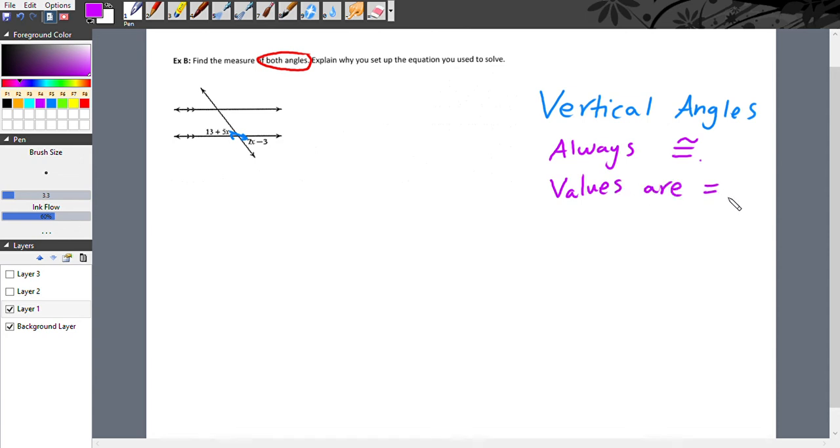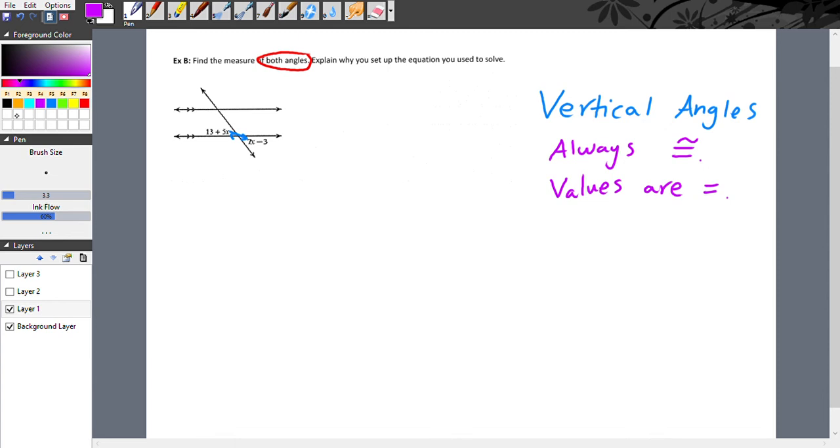So we can say that either way, saying that they are congruent is the same thing as saying that their values are equal to each other. So that's some good vocabulary that we can use in our explanation to make sure that we write a really good one. Because we're going to talk about how those angles are congruent, and that means that I can set their measures equal to one another. That's knowing what it means to be congruent angles.